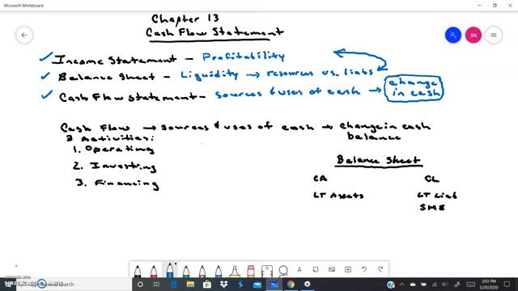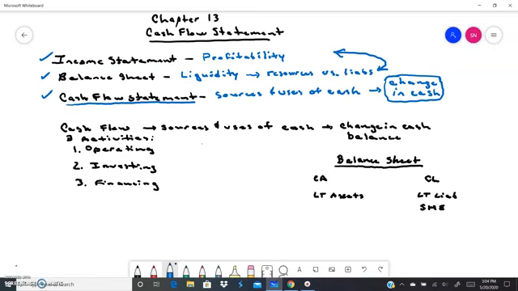It's also going to tell us what else happened that affected cash. Did we borrow money? Did we spend money? Did we repay our borrowings? Did we issue any stock? Did we purchase long-term assets, etc.? So the cash flow statement is extremely important in terms of understanding what happened throughout the period from a cash point of view, because ultimately cash is what's needed to pay the bills.